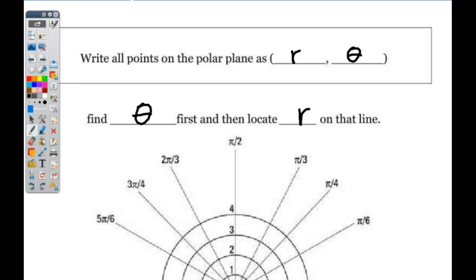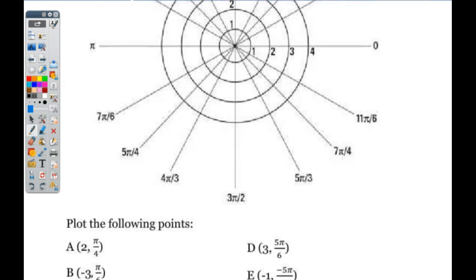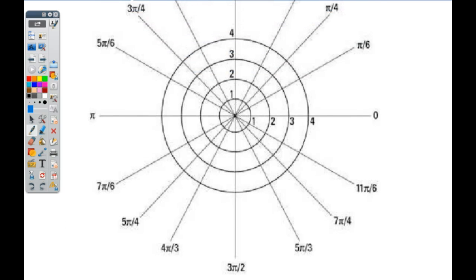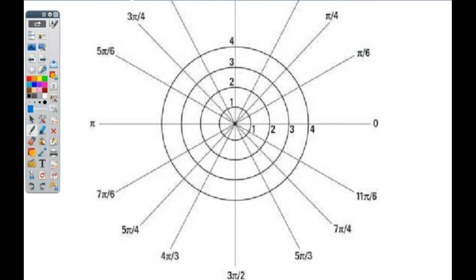Okay, because that's how you write it, r theta. But we're always going to start with which one first? Theta. So in this example, what is theta? Pi over 4. So this is always 0, right? So if I go to pi over 4, this is the line for pi over 4. And what was the r? 2. So I'm going to go out a positive 2? Yes.